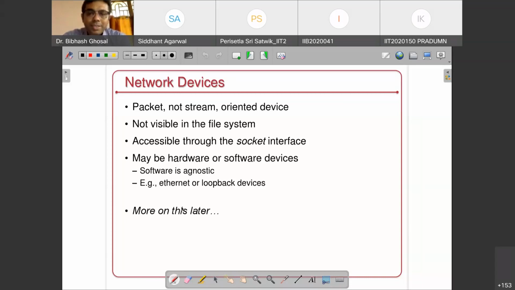Now that you understand the structure of the devices, how the devices are connected to the CPU, we will move one step above. Any store in a device is like a block, if you're talking about a block level device.